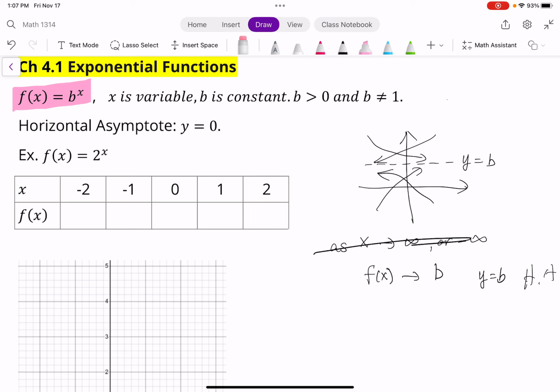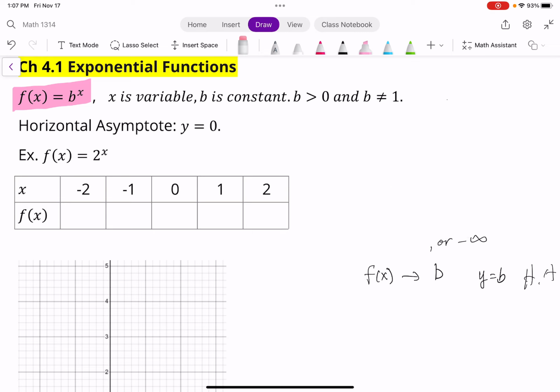Okay, let's see how to graph an exponential function. If I have a function f of x equals 2 to the x power, we can plot some points. Here is a table.